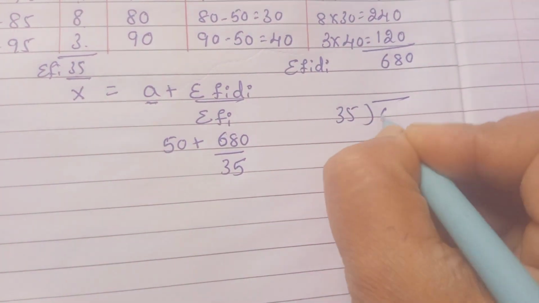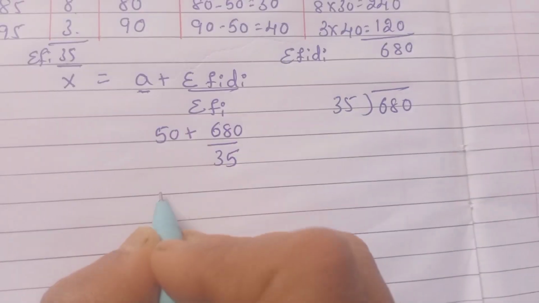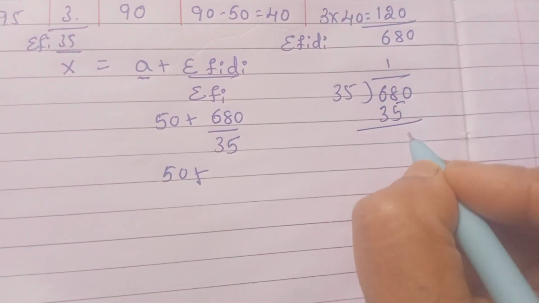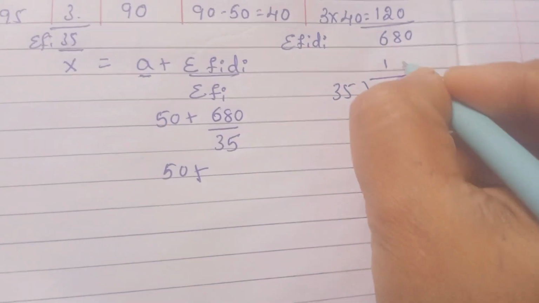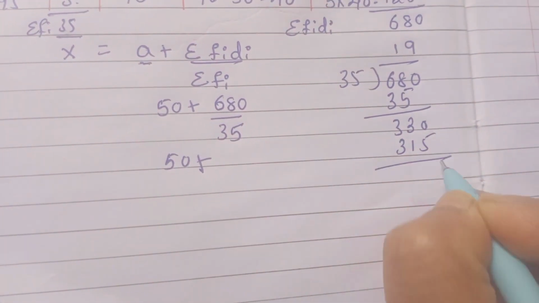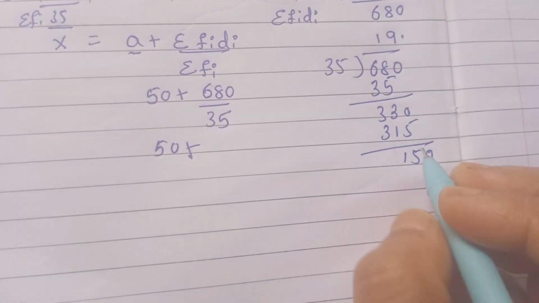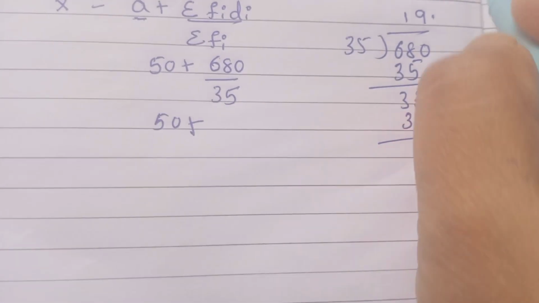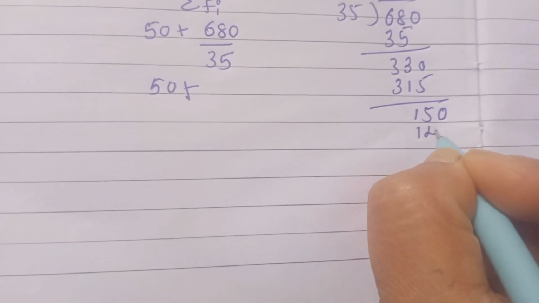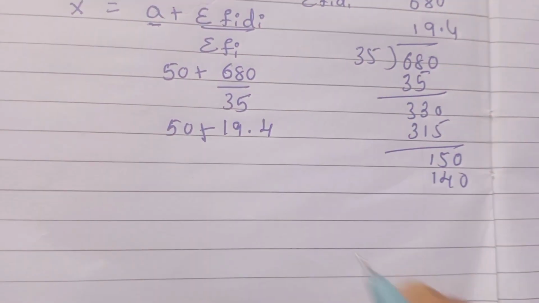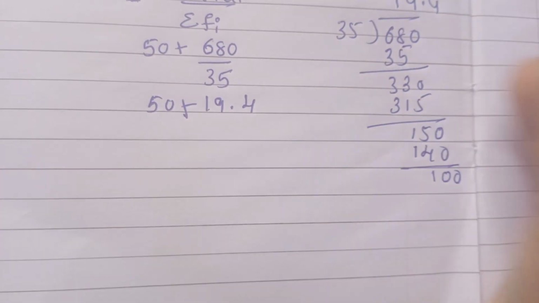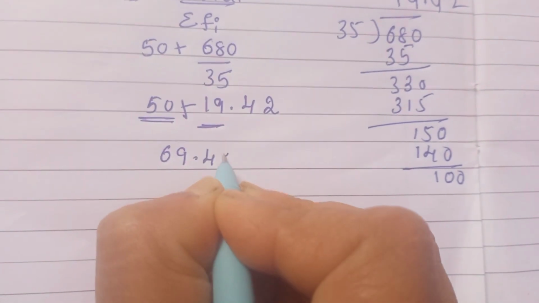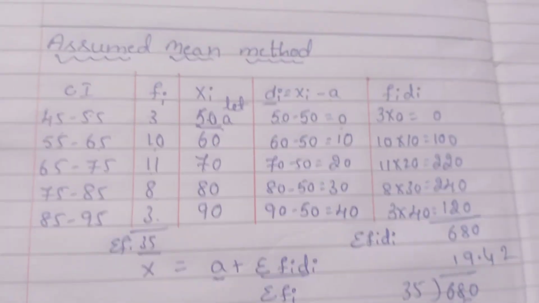Dividing 680 by 35, we get 19.4. 50 plus 19.4 is 69.42. It is the assumed mean method.